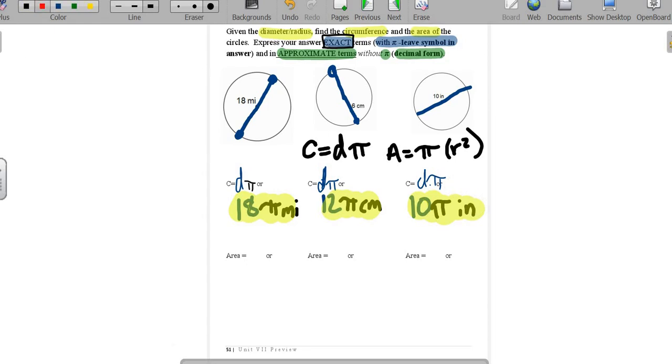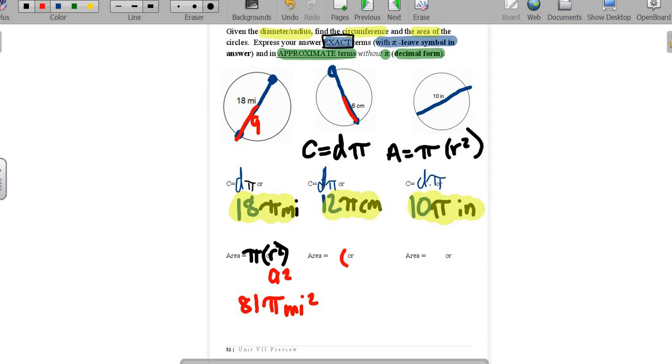Area equals pi r squared. So in this case, my radius is 9. 9 squared, I'm going to get 81 pi miles squared. That's our first one. Our second one right here, our radius is 6.